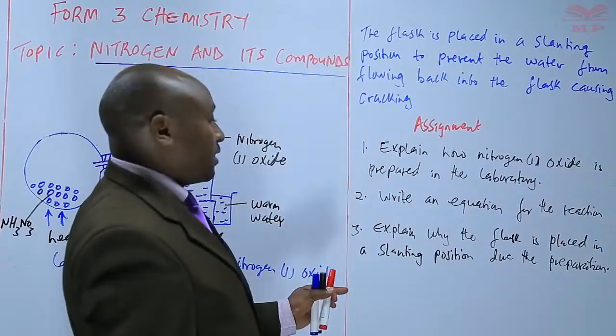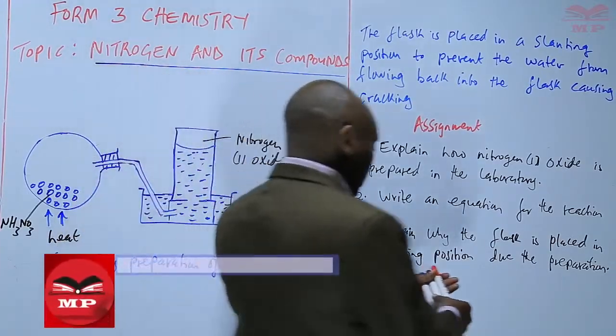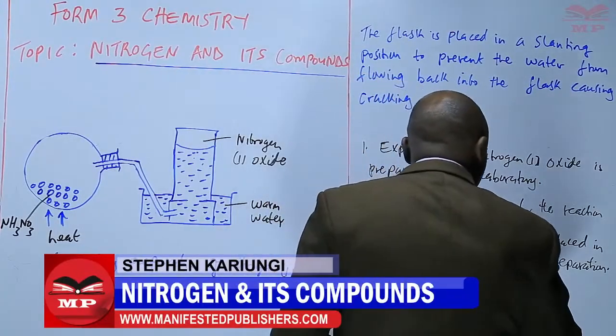And 3, explain why the flask is placed in a slanting position during preparation.